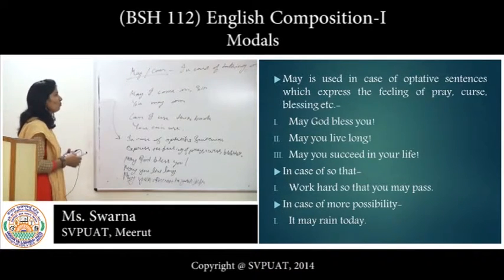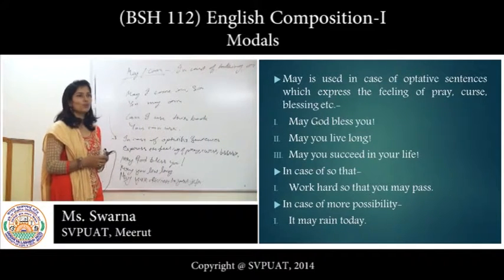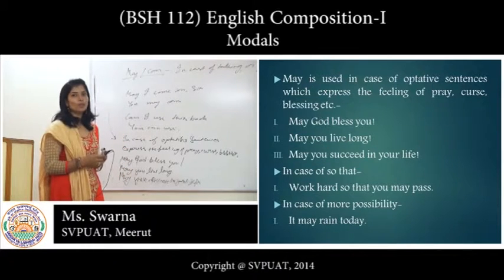The next use of may: if we use the conjunction so that to join two sentences or two phrases, then we use the modal may in these sentences with so that.